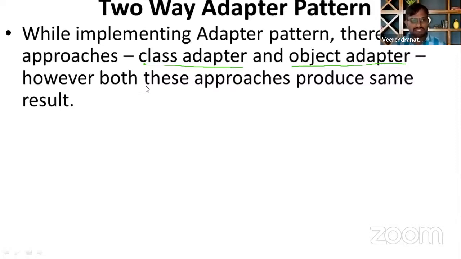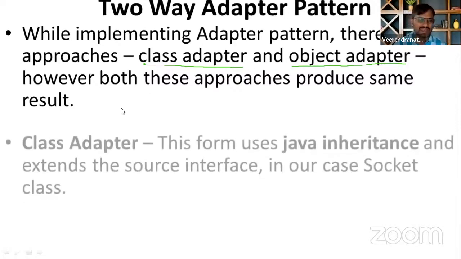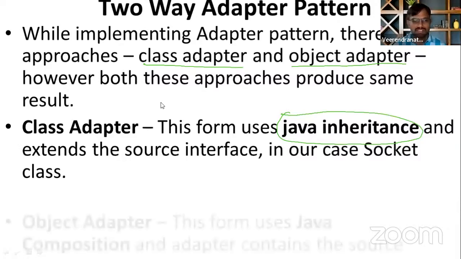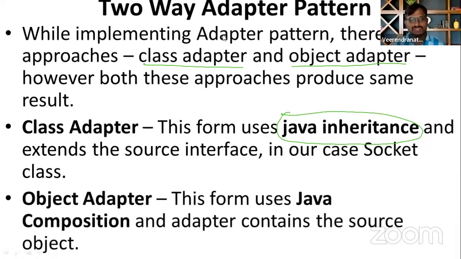So basically, what exactly are the class adapter and object adapter telling us? The class adapter uses Java inheritance, whereas the object adapter uses the concept of composition.